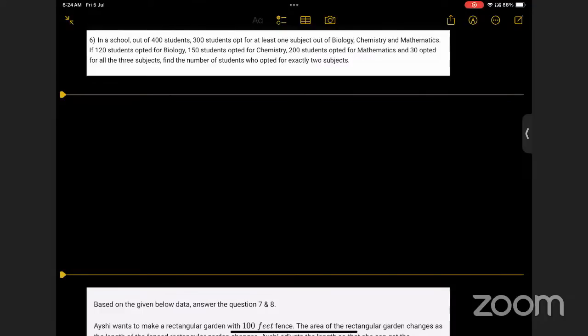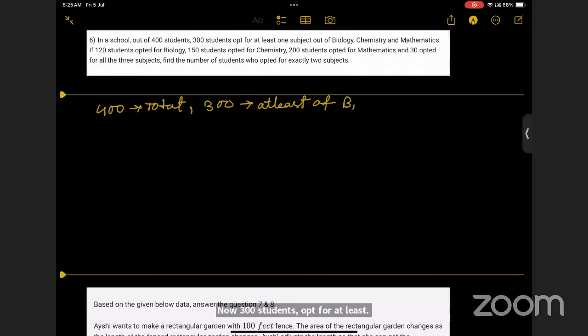Okay. So let's solve. What is the question? In a school, out of 400 students, 300 students opt for at least one of biology, chemistry, or mathematics, right?